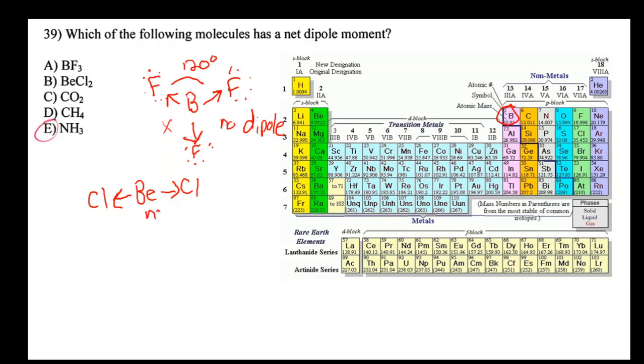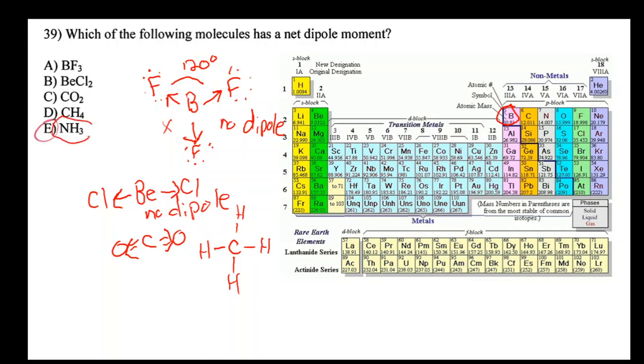There is no dipole moment in this case either. In the case of CO2, it's the exact same thing. The oxygens are trying to pull the electrons to themselves, but there's no net change because they're in opposite directions. And then CH4: a carbon-hydrogen bond is not considered polar, so this one would not even have a dipole moment. That one's not a big concern.